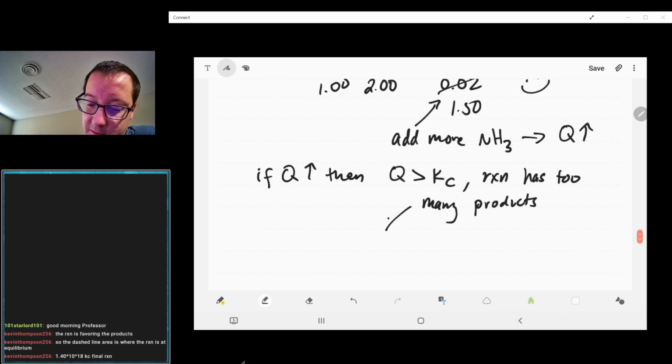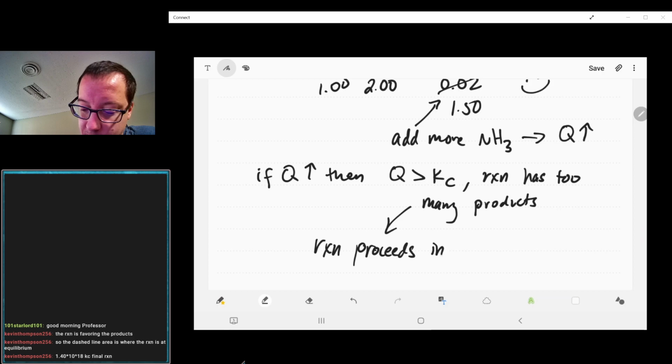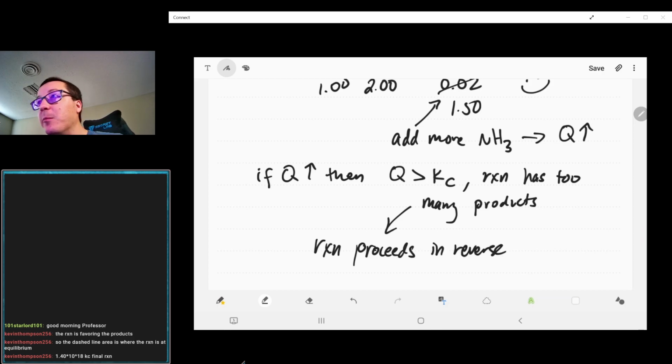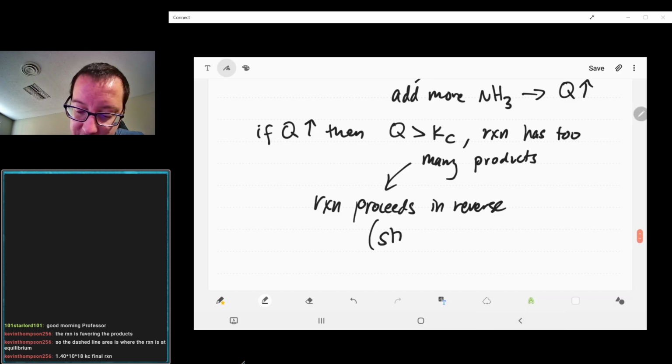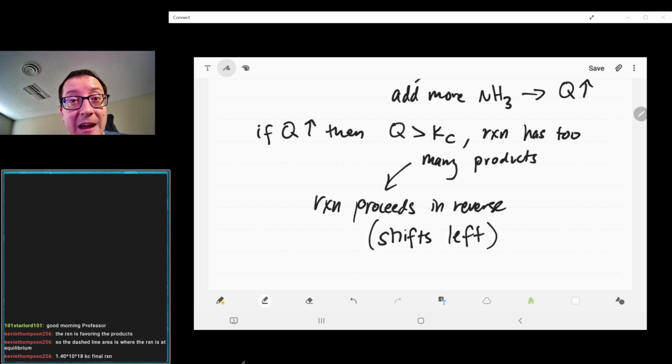As a result, the reaction proceeds in reverse. It's going to take those products and start breaking them down back into reactants. We would call this shifting left, or shifting to the reactants. So your reaction will shift its current way in order to reestablish the equilibrium.